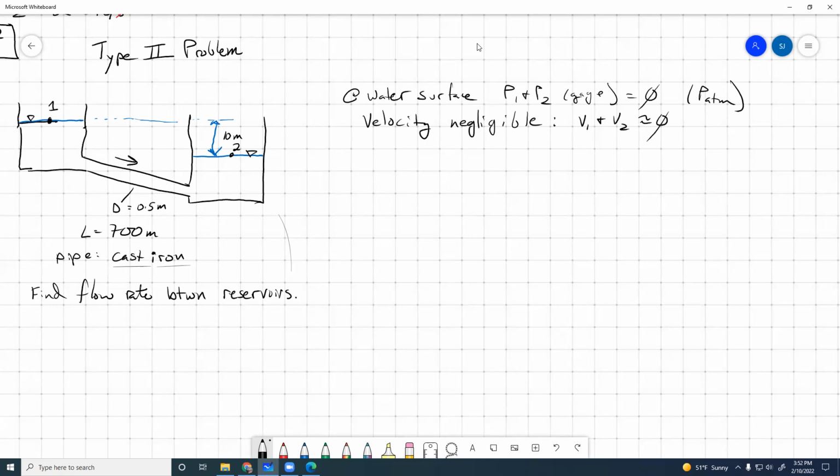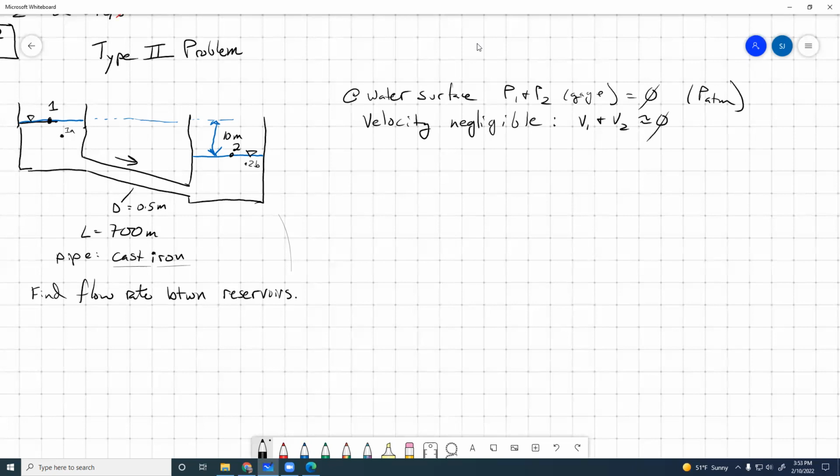Now we could pick any point in the reservoir and it would end up being the same type of problem. So if we picked one here, 1A, and 2B right here, we could use the hydrostatic pressure equation to calculate the pressure if we knew how deep you were, say 5 meters down over here, and the elevation, all that. But it's all going to equal out, right?